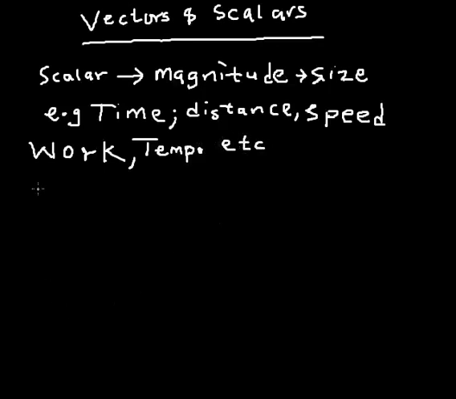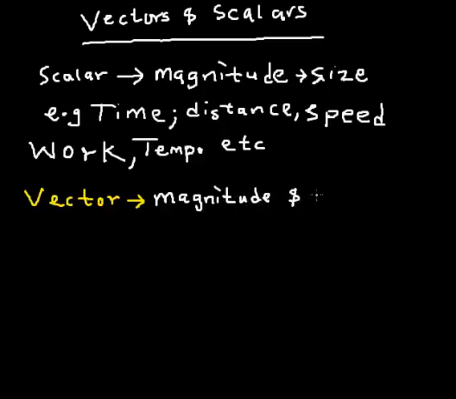While a vector quantity, on the other hand, is a quantity that not only can be expressed in magnitude, but can also be expressed in its direction.